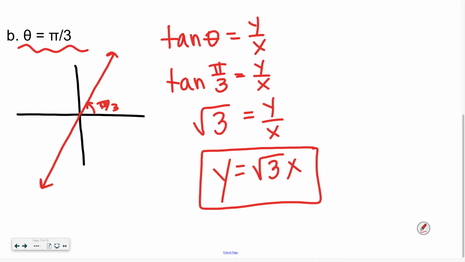Now, which one would be easier to graph? Y equals radical 3x or theta equals pi over 3? Okay, I am not about to do slope. That's irrational. That would not be very accurate. However, we can measure an angle and draw the line, and it's much more efficient.